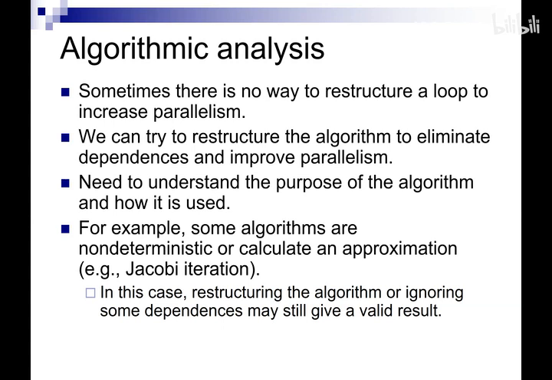Because you're getting an approximate answer in those algorithms, even if you were to restructure the algorithm, you would end up with another approximation, but maybe both approximations are good enough. So in those situations, maybe you can change your algorithm and still compute an acceptable answer, an approximation that is close enough, but do it in a more parallel way. So that's one example.